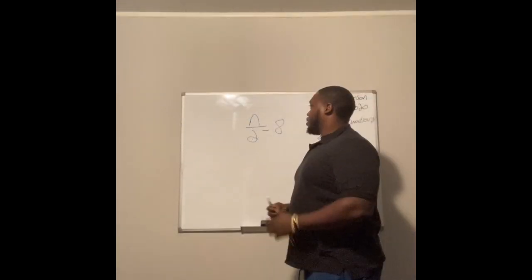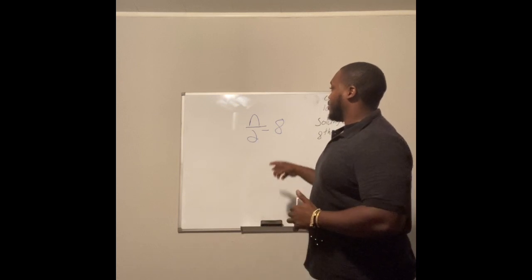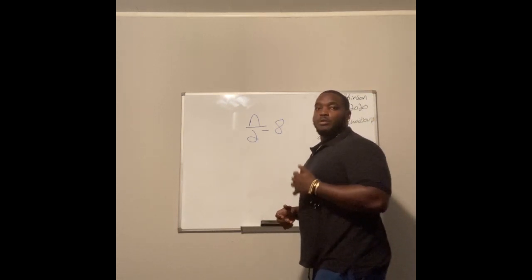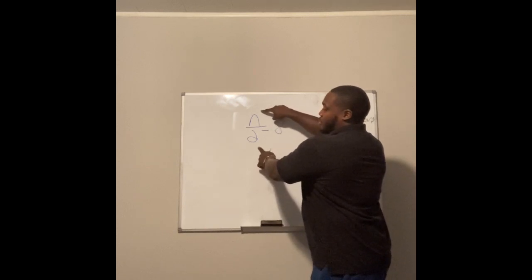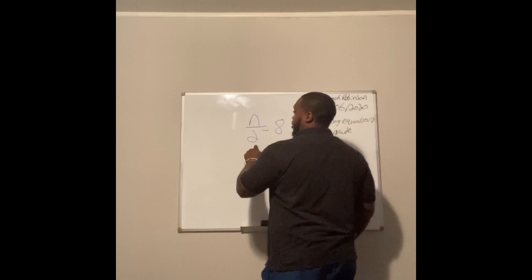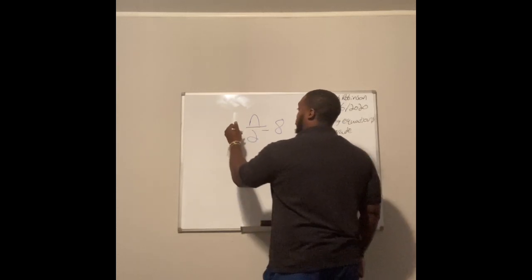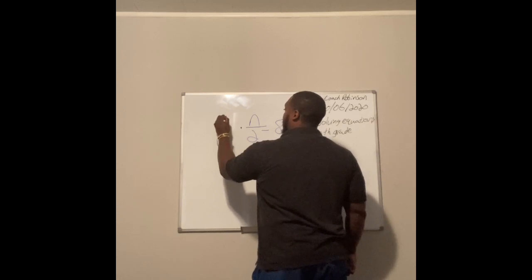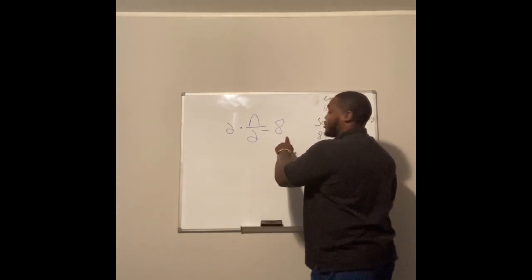This example, n over 2 equaling 8. In order for us to isolate the variable n, we have to do the opposite mathematical operation. Since this is essentially a division problem, we have to multiply by the denominator in order to isolate the variable n. So we times this side by 2, and whatever you do to one side of the equal sign, you have to do to the other side as well.